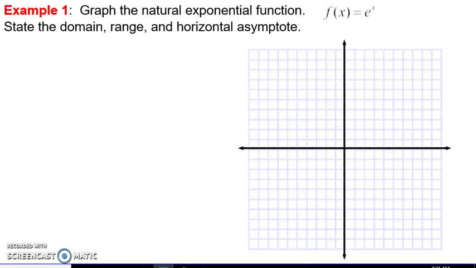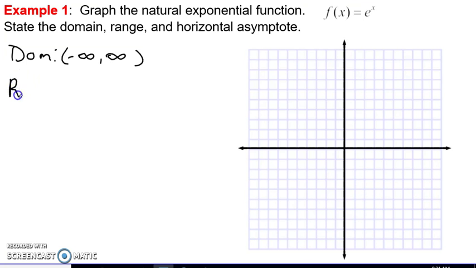Okay, so example 1 says graph the natural exponential function, state the domain, range, and horizontal asymptote. So we already know some key things that are already given. We know our domain is going to be negative infinity to positive infinity because that's always going to be the domain for our natural exponential. Then I have to look at what the range would possibly be.